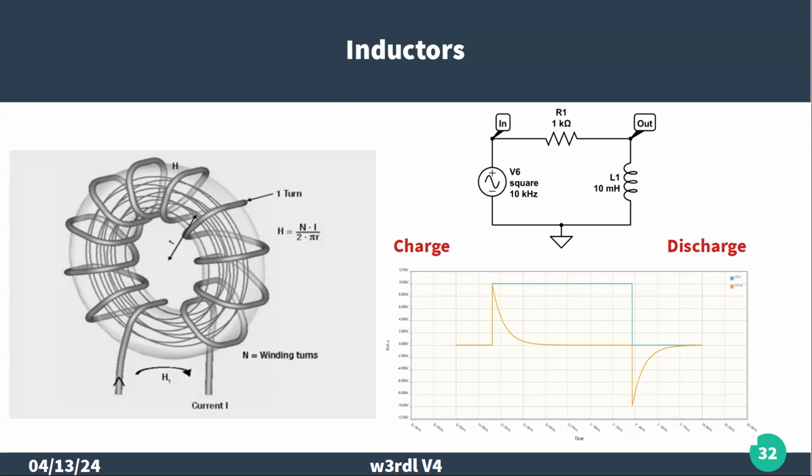So when we apply a current to the wire, it creates a magnetic field. If we have a magnetic field externally generated across the conductor, it generates current. But that current will create its own magnetic field that tries to oppose the external magnetic field.